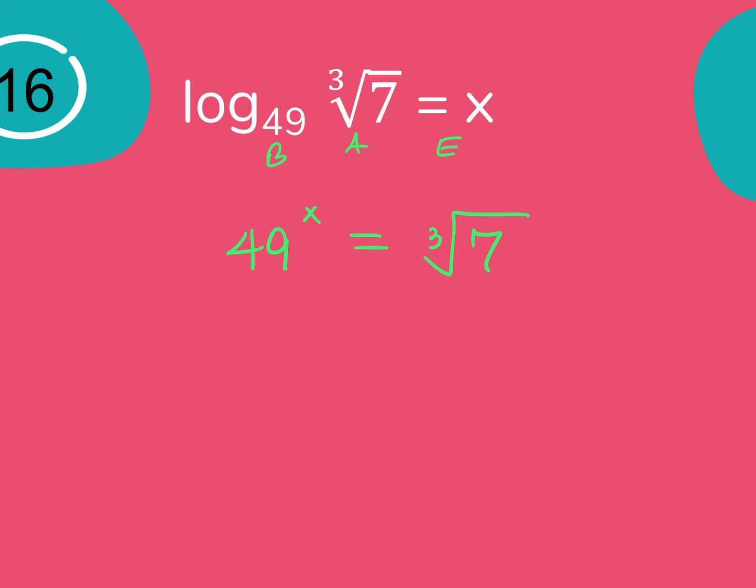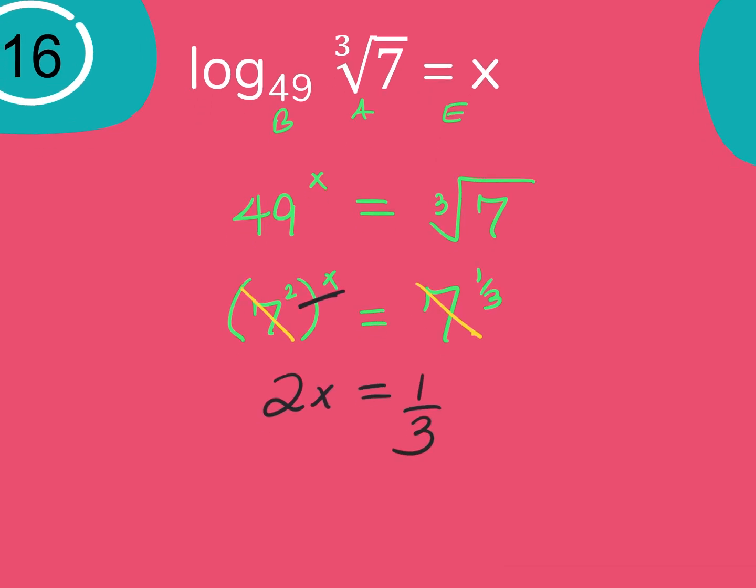Remember, when it's a root, I can change it to a fraction exponent, and then I can also change the 49 into 7 squared. Now that the bases are the same, get rid of the 7s, and here you're going to multiply this power to the power. It becomes 2x equals 1/3.